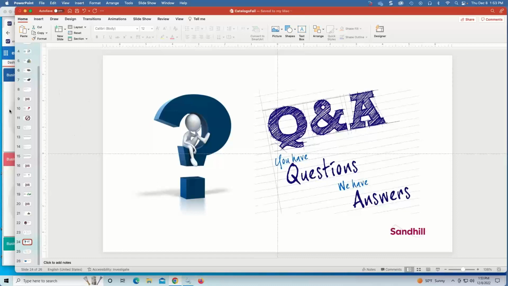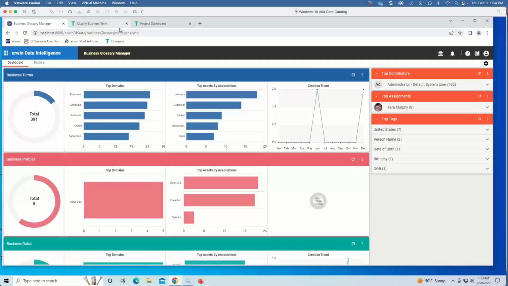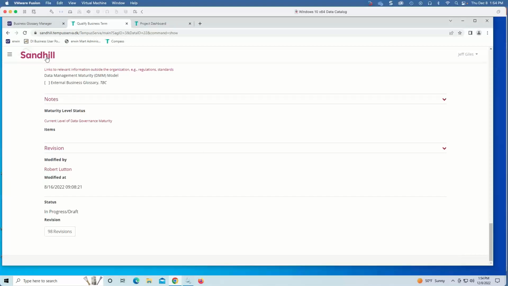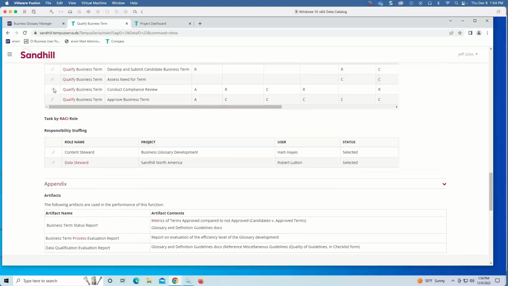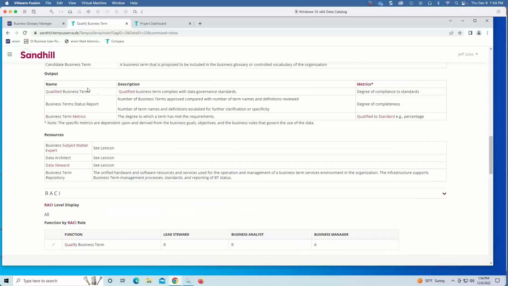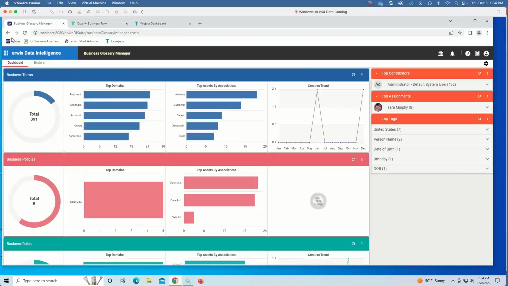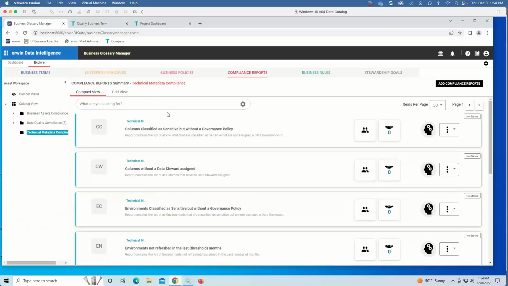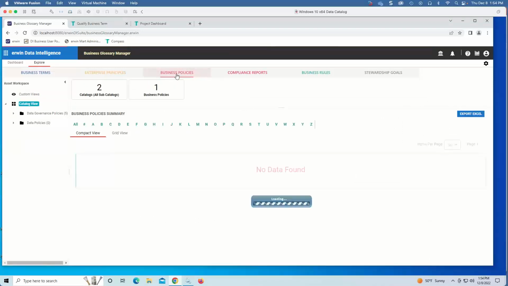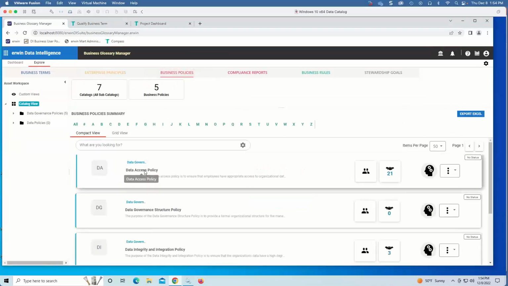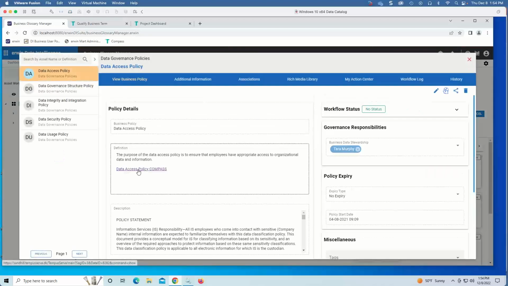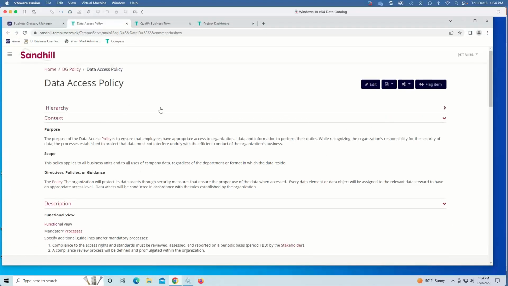Right, because when we had looked at this, we mentioned that you can put your best practices in Compass, and Compass would be a ready resource so that you can find the information. As a matter of fact, you can actually use the things in conjunction with one another. If I looked at my business policies here, and I looked at my data access policy, my data access policy has a hyperlink back into Compass.